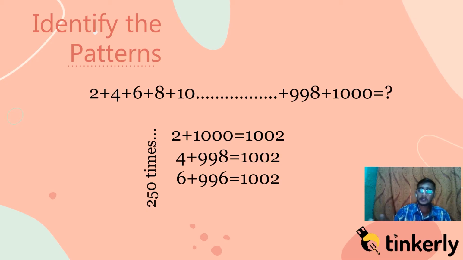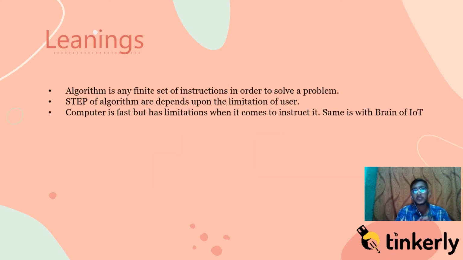So this is all about decomposition and pattern recognition. Here is what we learn. Problem solving is a finite set of instructions, also called an algorithm. An algorithm is a finite set of instructions in order to solve a problem.